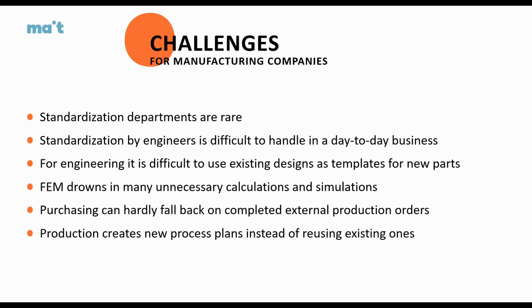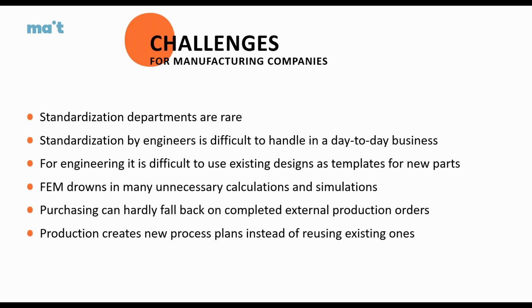So let's take a look into the manufacturing department. They will have the same challenge as in the design department. They may know they have manufactured a similar model in the past, but they don't find it without knowing the article number. So once more, they are going to recreate the NC program and all the calculations they need.